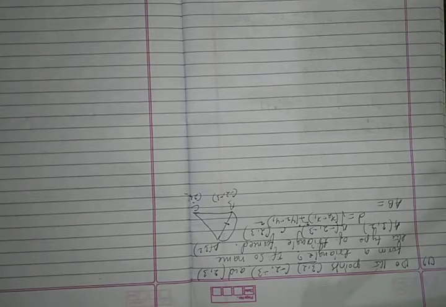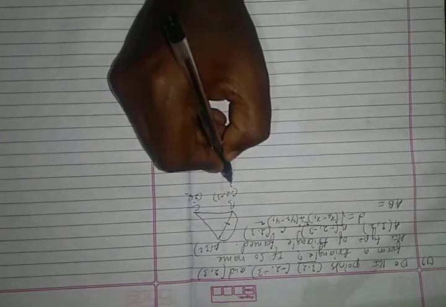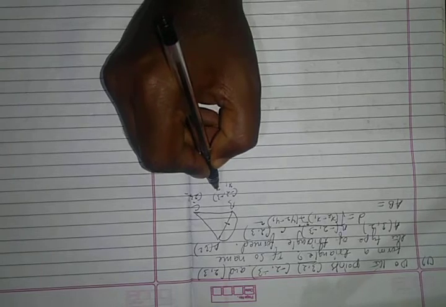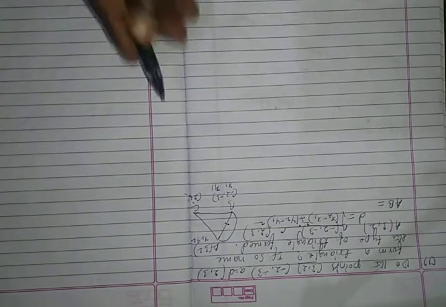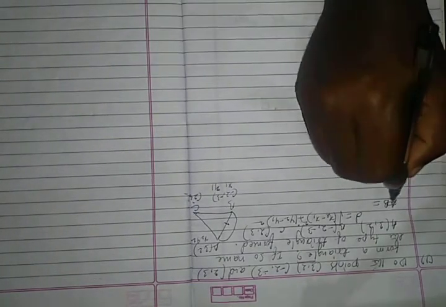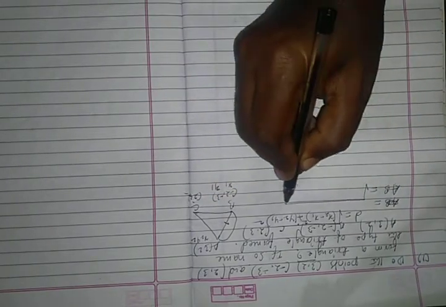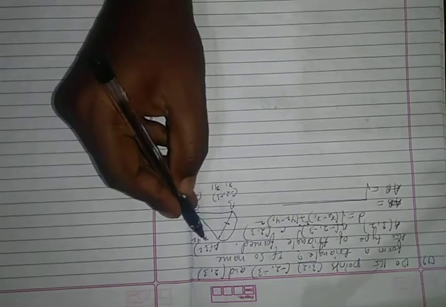Let us take this as x1, y1, and this as x2, y2.